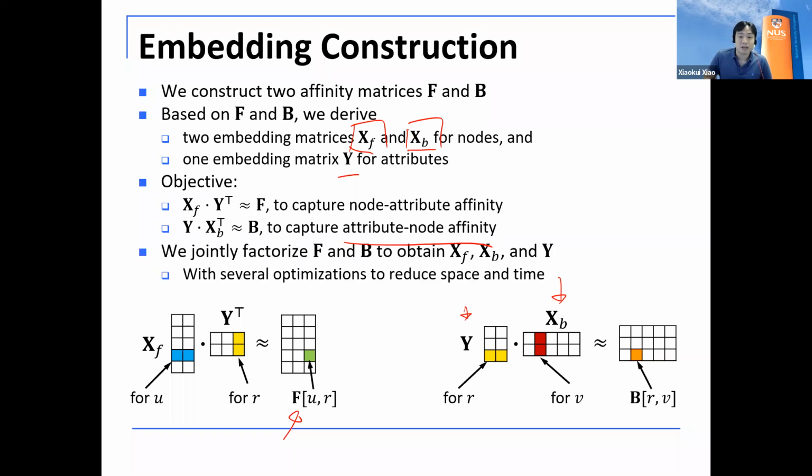And the way that we obtain these embedding matrices is to jointly factorize these two affinity matrices F and B. Okay, so we factorize it in such a way that the two factorizations will share the same Y. So that is the intuition of our approach. And we have several optimizations to reduce space and time, which I'll omit here.